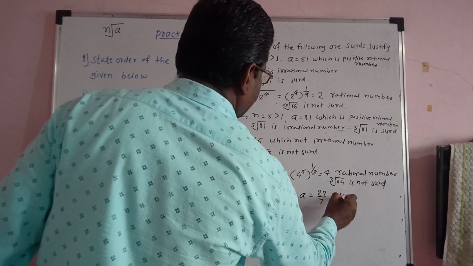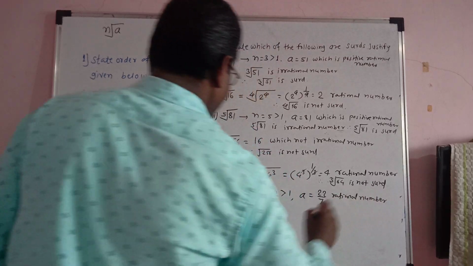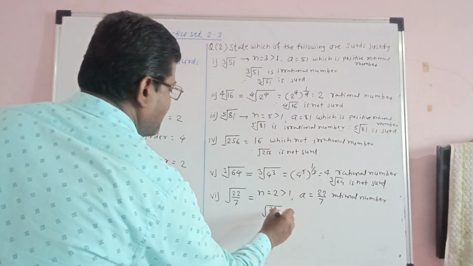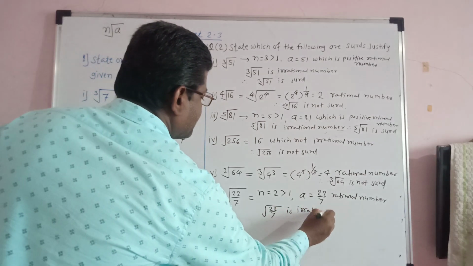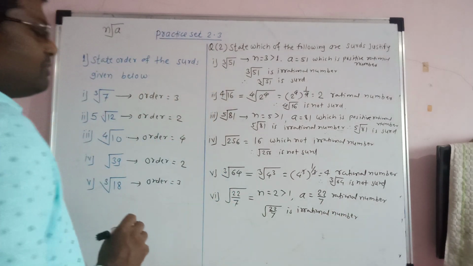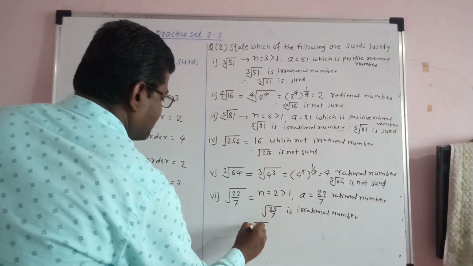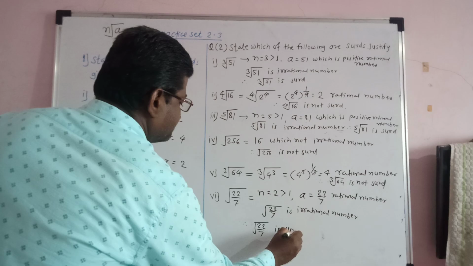It is a positive rational number, and the square root of 22 upon 7 is an irrational number, because we can't find the square root of 22 upon 7. Therefore square root of 22 upon 7 is a surd.